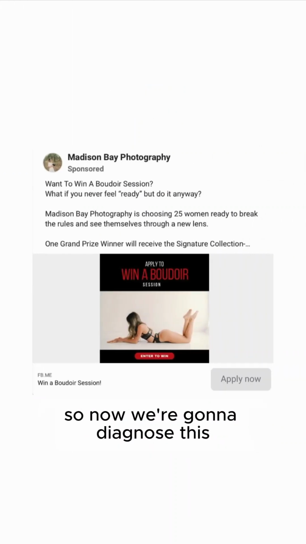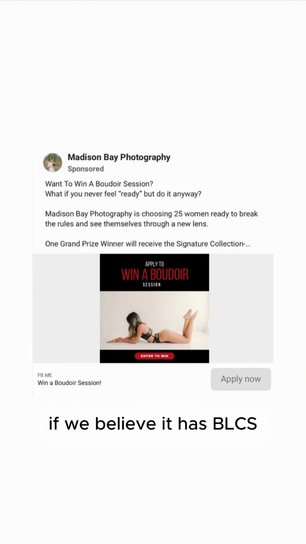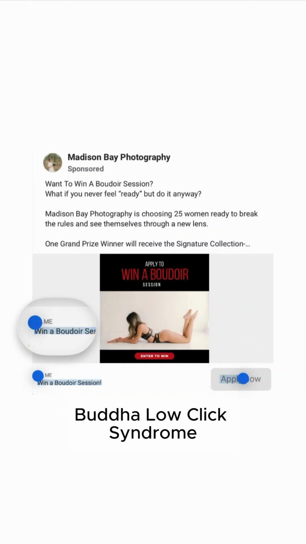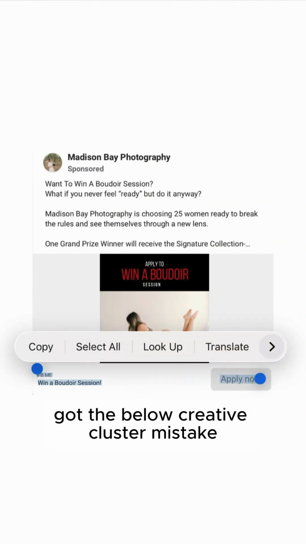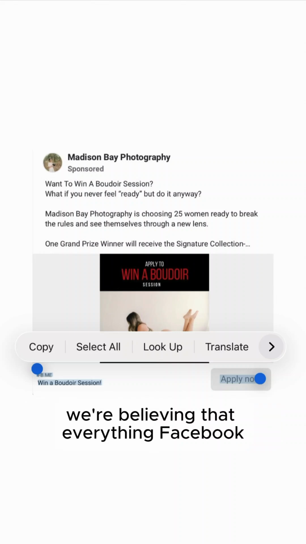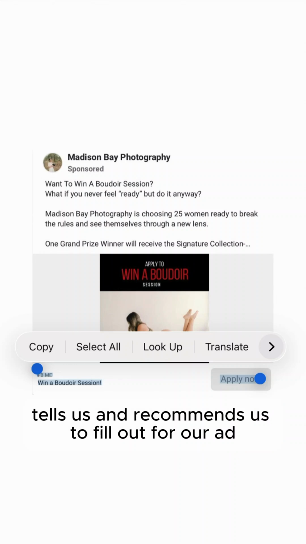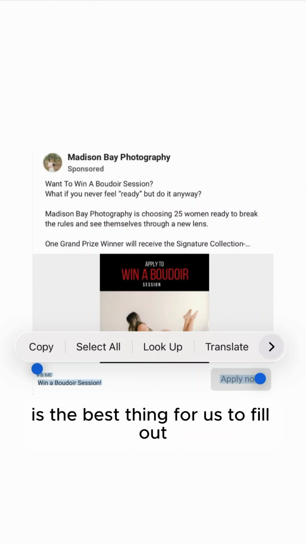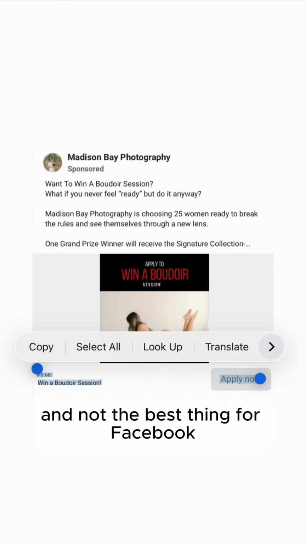All right, so now we're going to diagnose this if we believe it has BLCS, Boudoir low click syndrome. First thing I'm seeing, we've got the below creative cluster mistake. The false belief that causes us to make this mistake is believing that everything Facebook tells us or recommends us to fill out for our ad is the best thing for us, and not the best thing for Facebook.